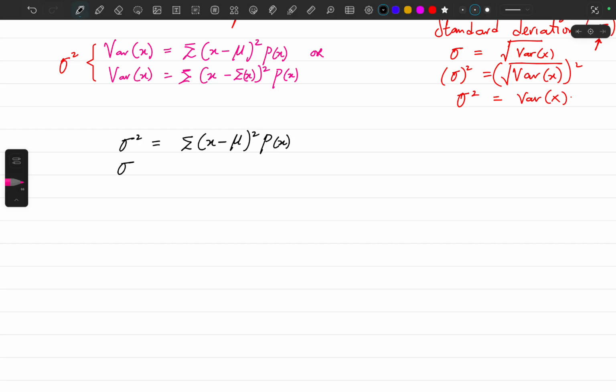And the standard deviation equals the square root of the summation of x minus mu all square times the probability distribution of x.